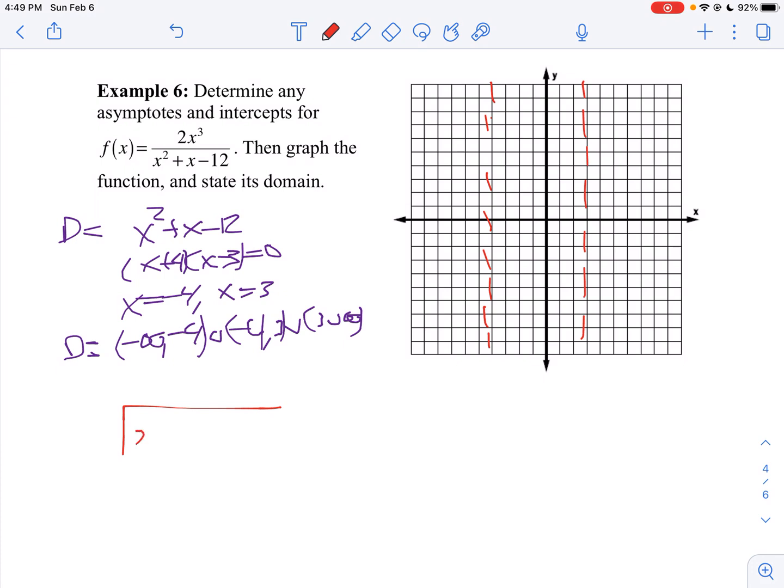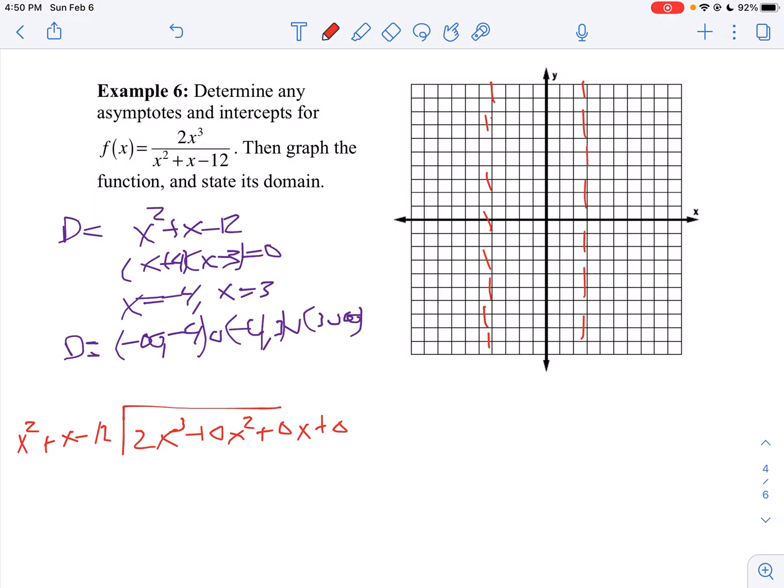So I'm going to say 2x cubed, which would be plus 0x squared plus 0x plus 0 divided by x squared plus x minus 12.